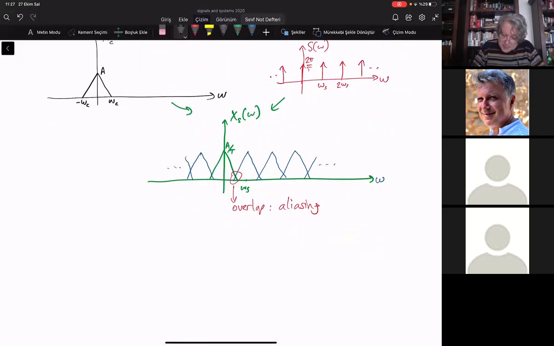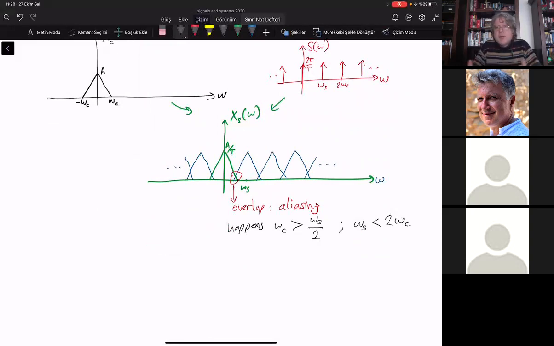And it happens when omega c, which is this point, is greater than half of omega s. Happens when omega c is greater than omega s over 2. Or equivalently, omega s is less than 2 omega c. Just putting it in another way.